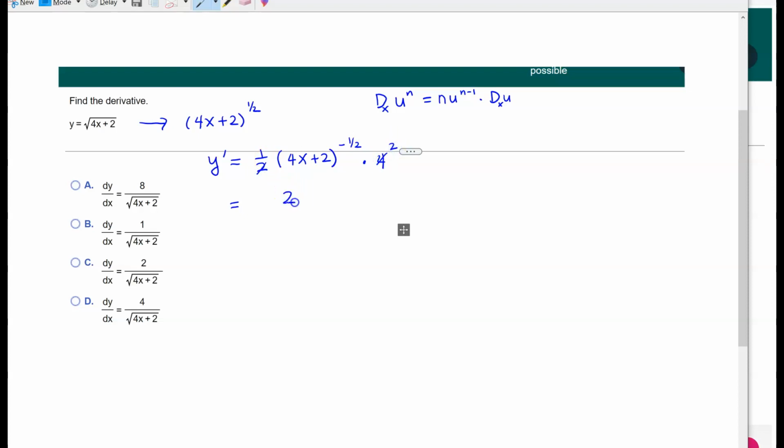So that means you have a 2 in the numerator all over 4x plus 2 raised to 1/2. Now, if it is raised to 1/2, you could write this in radical form. Therefore this is equal to 2 over the square root of 4x plus 2. And that is letter C.